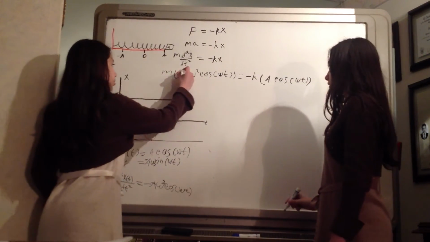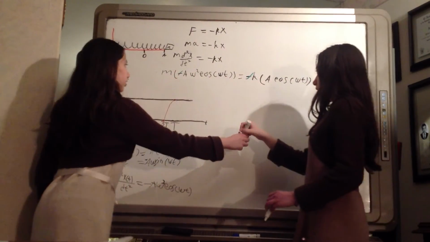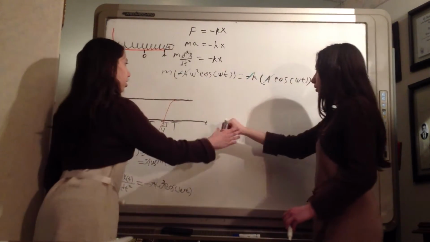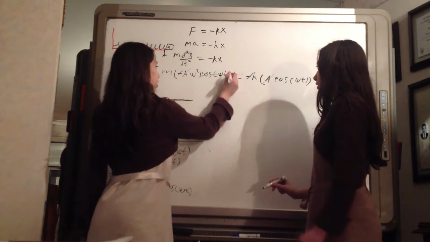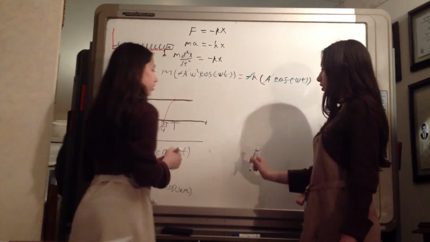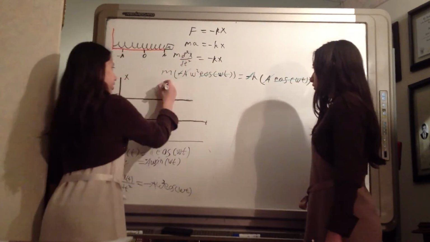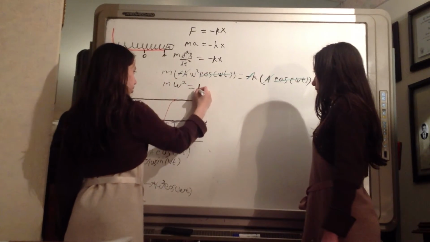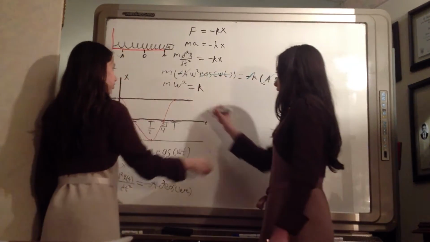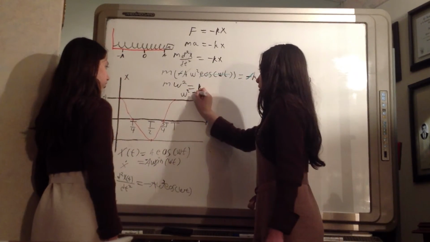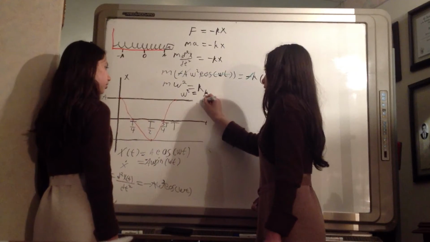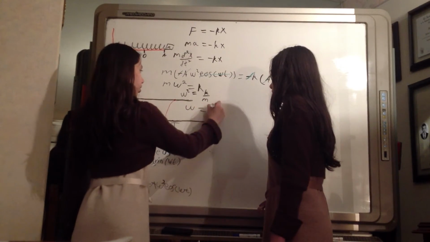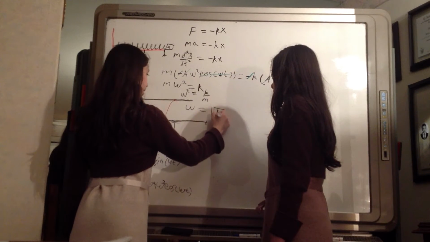And the minus can be cancelled, and the amplitude also can be cancelled, and the cosine of omega times t can be cancelled. And so we have the mass times omega squared is equal to the constant of the spring, and omega squared is equal to the constant of the spring over the mass. And so omega is equal to the root of the constant of the spring over the mass.